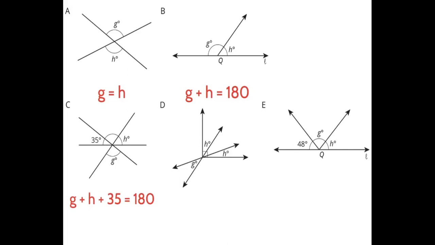Okay? Looking over here, for D, we can use a combination of our understanding of verticals and complementary angles. So looking at this right here, we can see that these three angles over here add up to 90 degrees because it forms a right angle. These three angles are complementary. And looking here, we can see that angle G and this angle over here are vertical to each other.